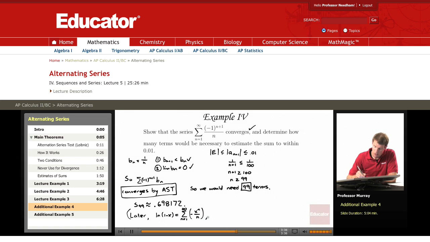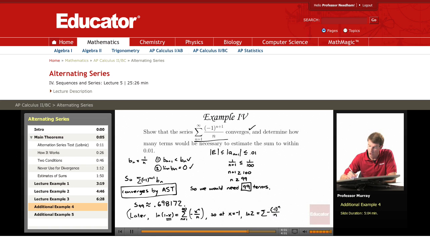And so if you plug in x equals -1, you get natural log of 2 is equal to the sum of -1 to the n over n, which is exactly the series that we've been trying to estimate.